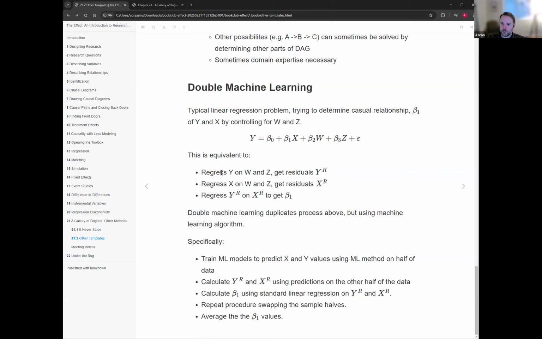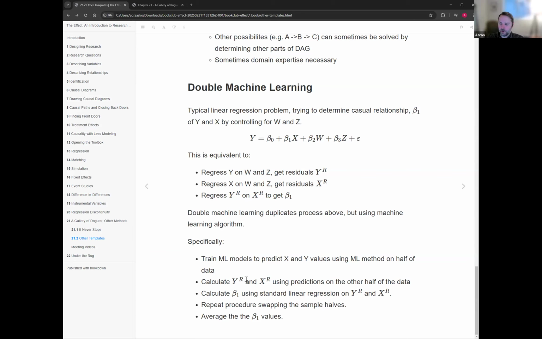And so you have these two models that you fit on half of your data. Then you take the other half of your data, and with these models, you can get a predicted Y and a predicted X. And then you calculate the residuals based on the other half of the data set, the half that you've stored off to the side.